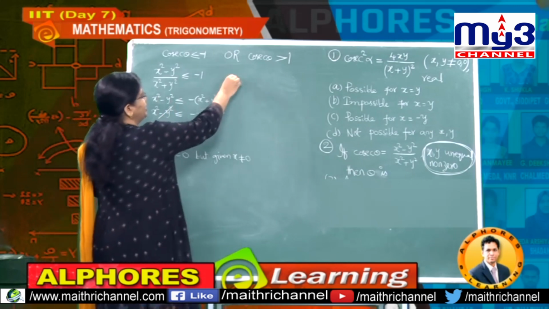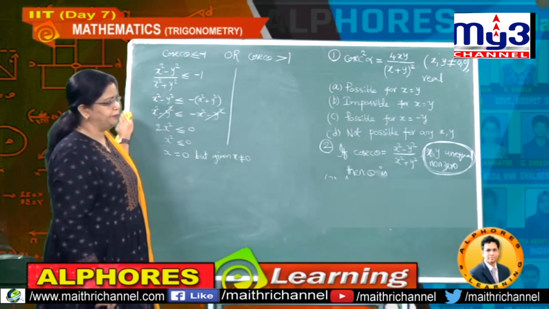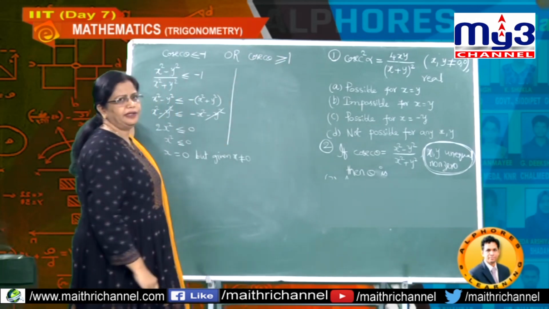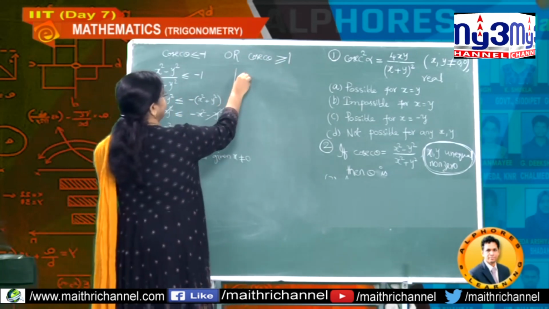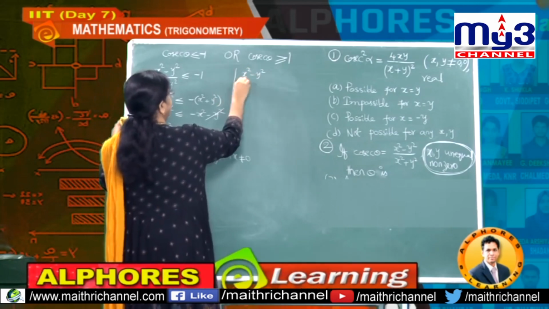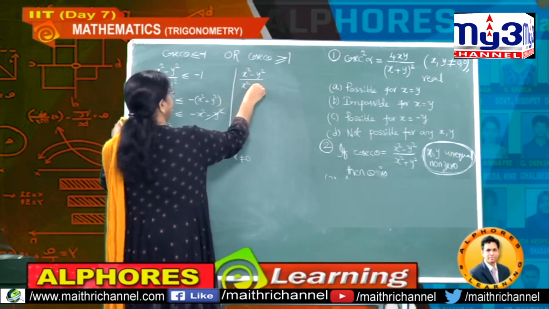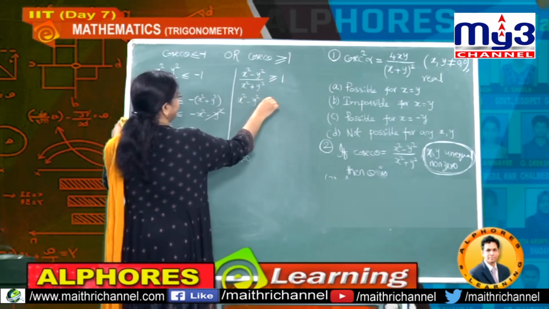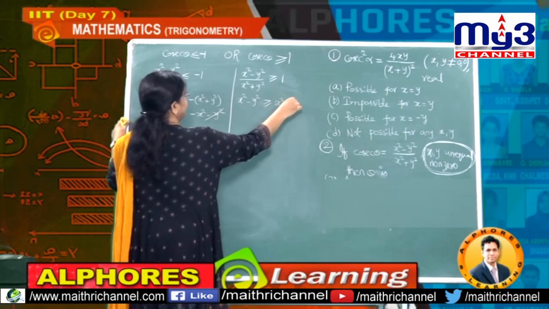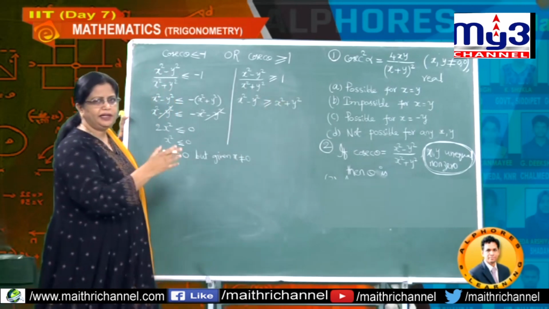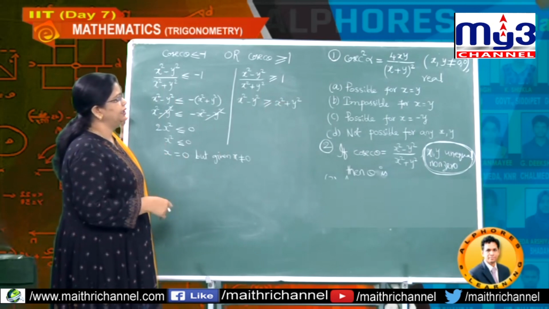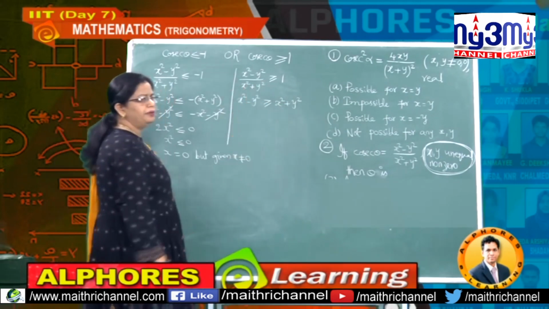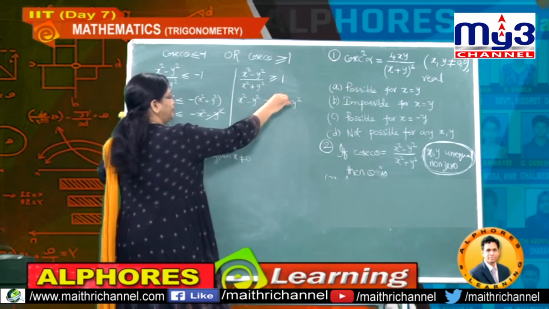Okay. Now let us go again from this side also. Again as I said here, even if you start with equality, then what will happen here? (X square minus y square) divided by (x square plus y square) greater than or equal to 1. Hence x square minus y square greater than or equal to x square plus y square. Freely I cross multiplied, again and again I have been repeating, because the denominator is positive, only then can you do cross multiplication.